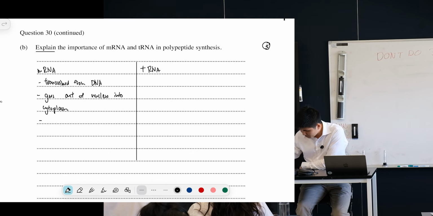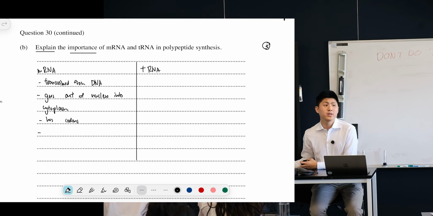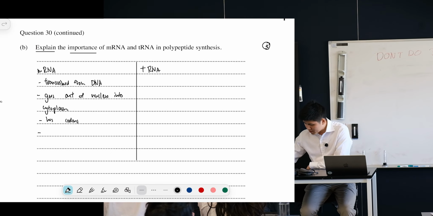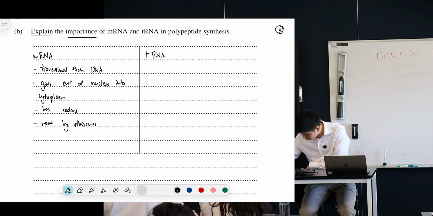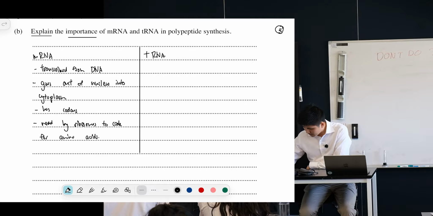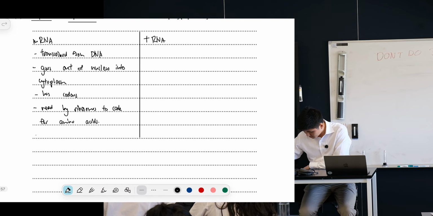It's important because it has codons. And what do codons do? They are read by ribosomes, which code for the amino acids. Read by ribosomes to code for amino acids. So this makes polypeptides.